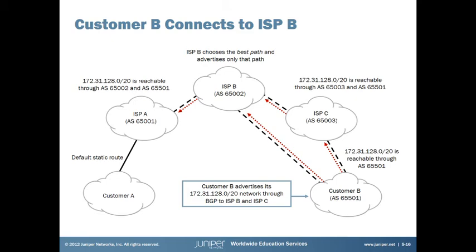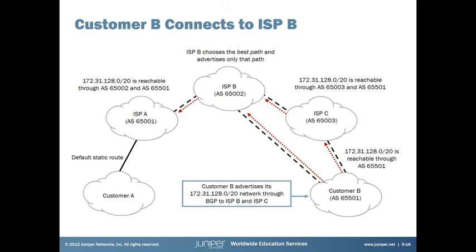Well, in this scenario, customer B will continue to advertise its network to ISP-C as it did before, via its eBGP peer with ISP-C, but it will also advertise its network to ISP-B by its new eBGP peer with ISP-B.